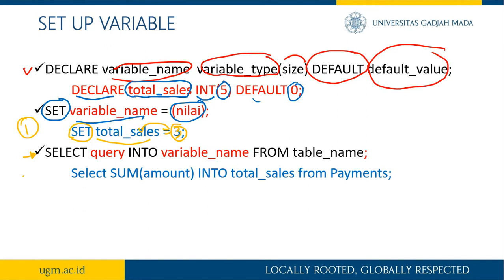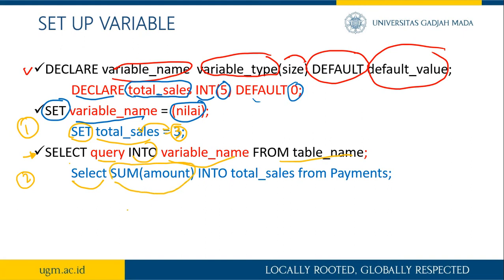We can also do another thing with a select query, like this one. Select query and then into the variable name from the table. So it's like we set up the variable from the column or from the result of the query from any table. For this example, you can see select sum of the amount column.